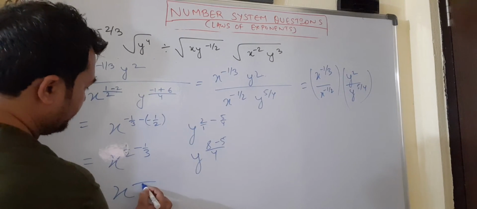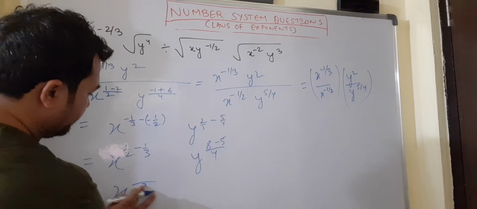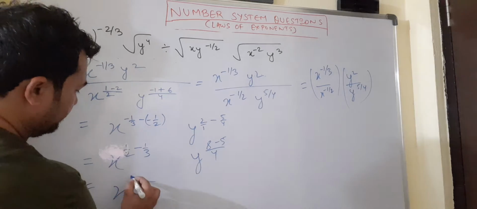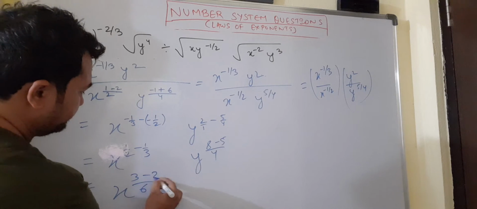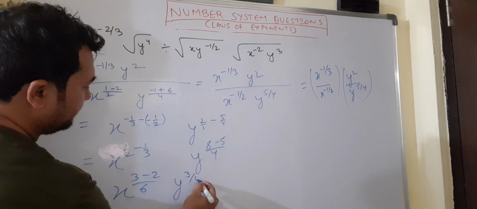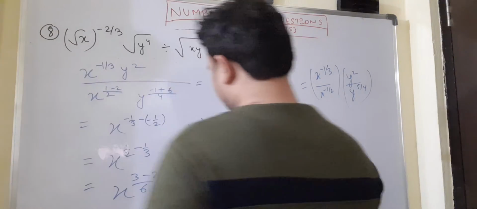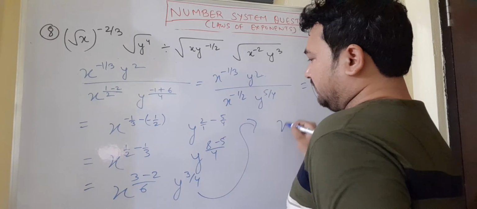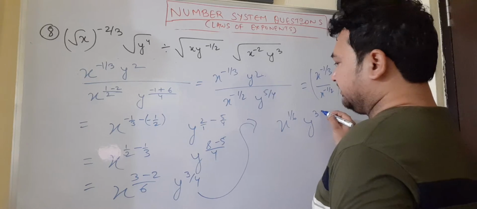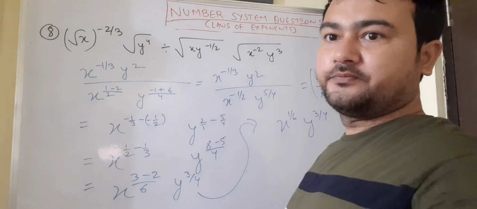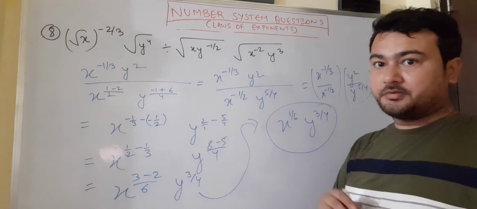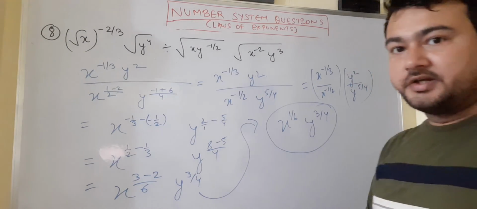Here it is 6, 2 3s are 6 and 3 1s are 3, minus 2, 3 2s are 6. y how much power? 3 by 4, and x is having power 1 by 6, y is having power 3 by 4. So this is your solution. x is having power 1 by 6 and y is having power 3 by 4.